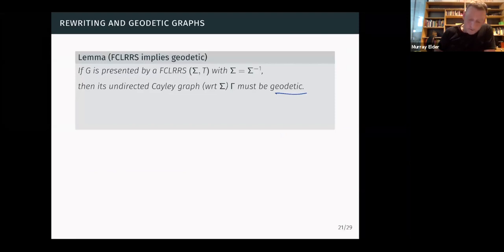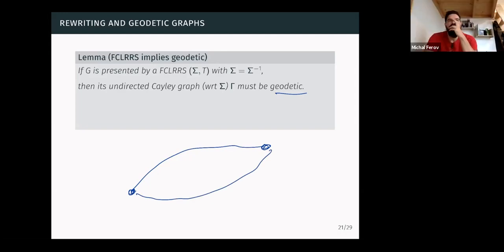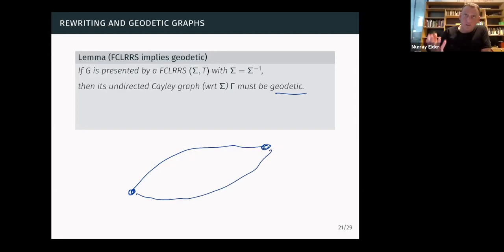Okay, so the Cayley graph. If a group is presented by one of these systems, then suppose you've got two geodesics going between the same vertices. Well, there's a convergent length reducing rewriting system. So this one is a geodesic.